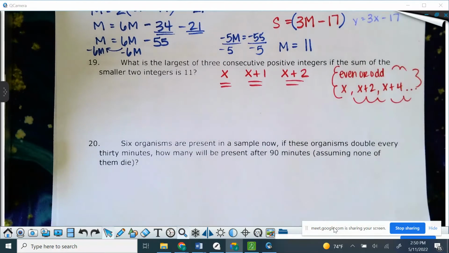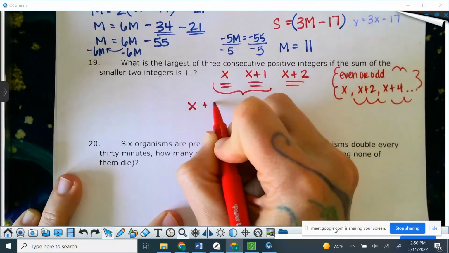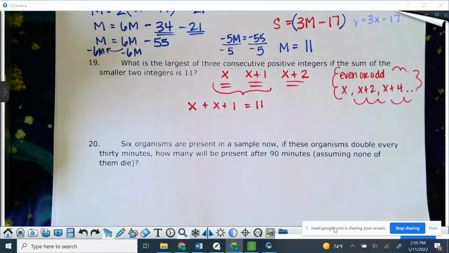And it says if the sum of the smaller two is 11. So I'm going to add these two together. So x plus x plus 1 equals 11. I'm going to pause for a minute and see which one of you can tell me what the value of x is. I'm going to let you solve that.